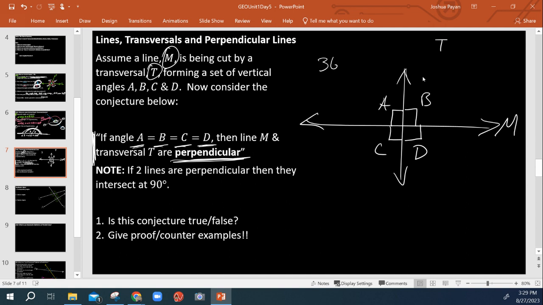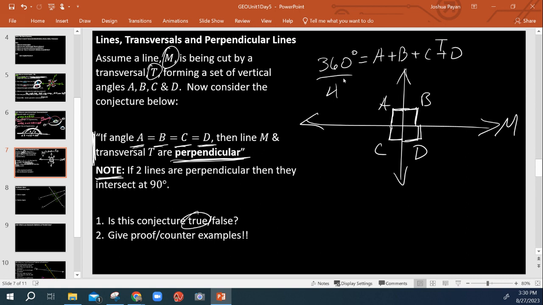Well, we know A plus B plus C plus D, the four angles that form these vertical angles here, they must always have a sum of 360 degrees, right? And if they're all equal, well, duh, if we divide this by 4, that means each one of these must be 90 degrees because 90 times 4, right? So this is obviously true, okay?